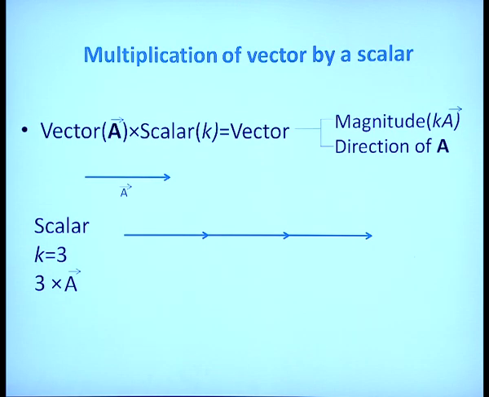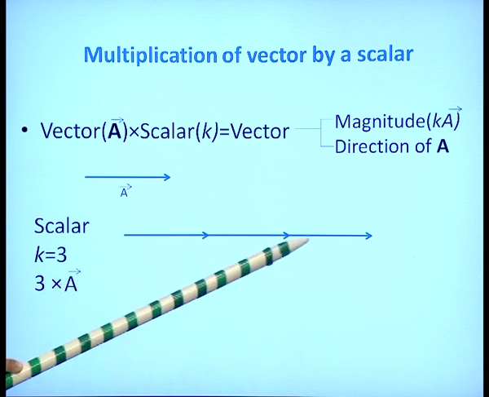When we multiply a vector A by a scalar, suppose k, as you can see, vector A into scalar k equal to another vector whose magnitude will be equal to k times magnitude of A and its direction will be along A. So, here you can see vector A. If we are taking a scalar k equal to 3, then the product will be 3 into A. So, now you can see on the screen the resultant vector, that is 3A, will be 3 times the magnitude of A. This is your A vector and this is your 3A vector.